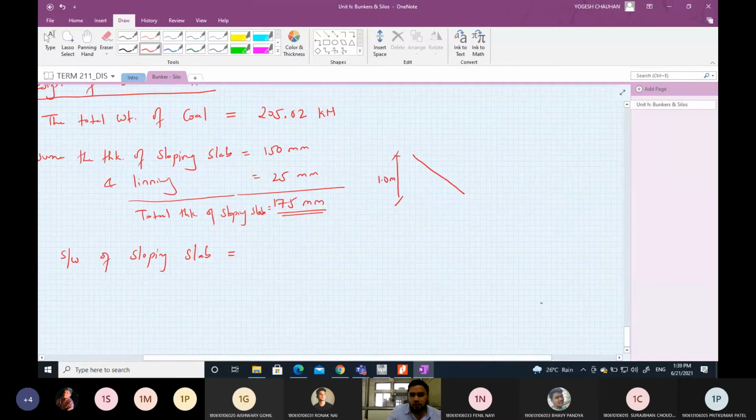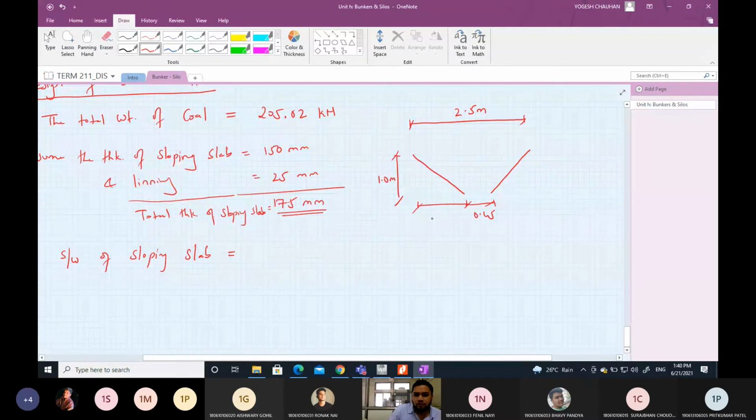Okay, and the total width is 2.5 meter and this opening is 0.45. So you can find this much length.